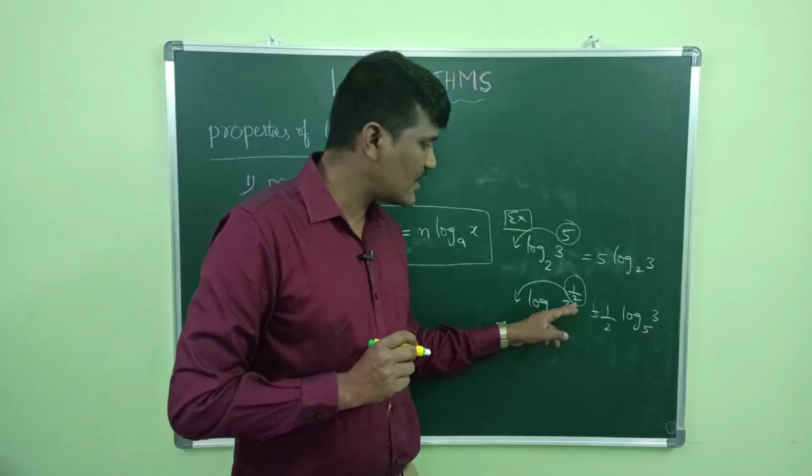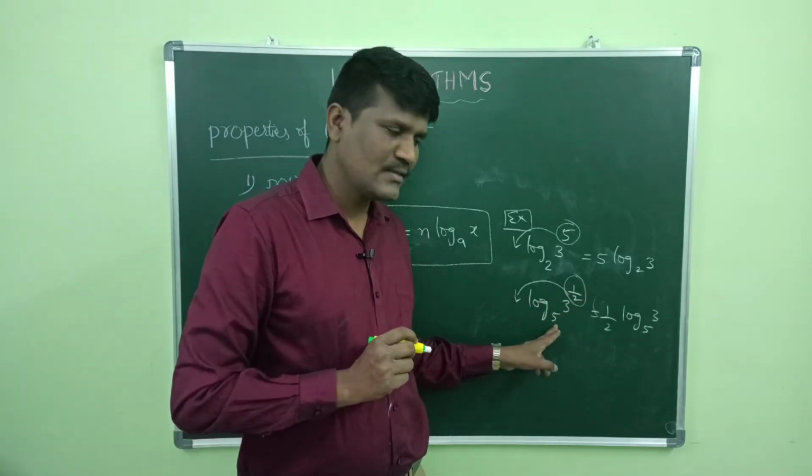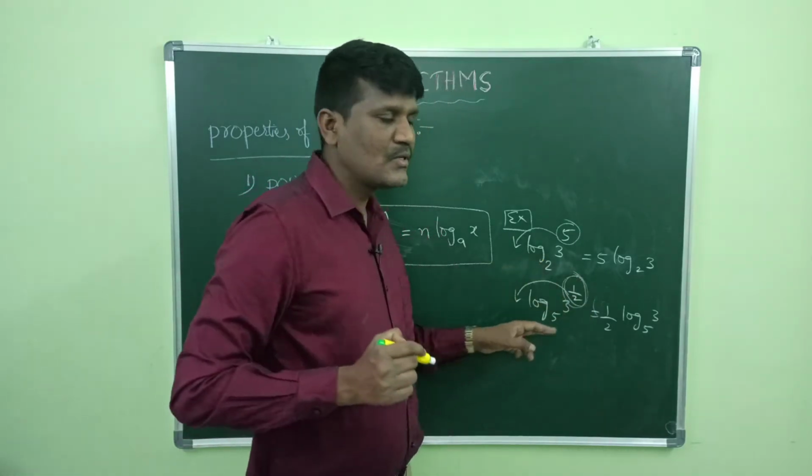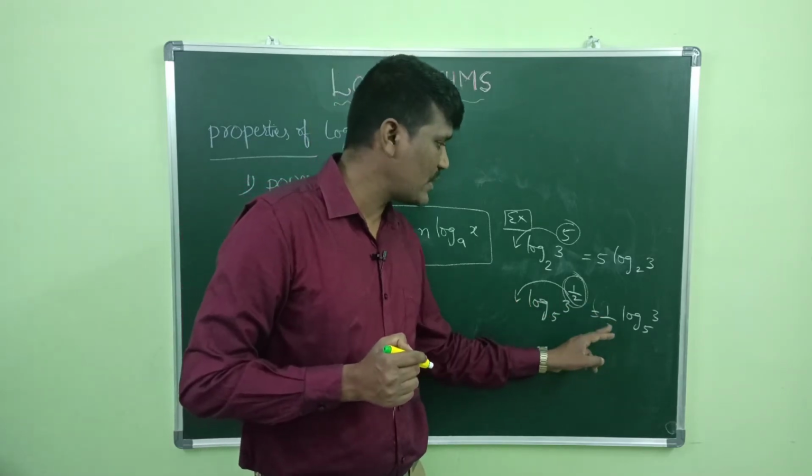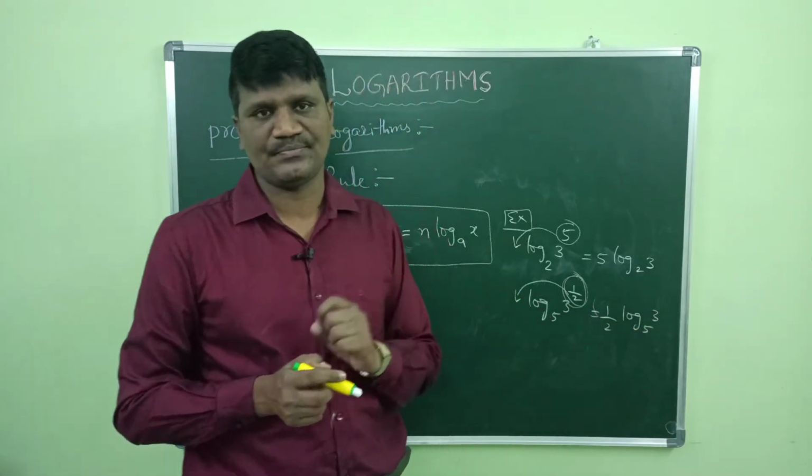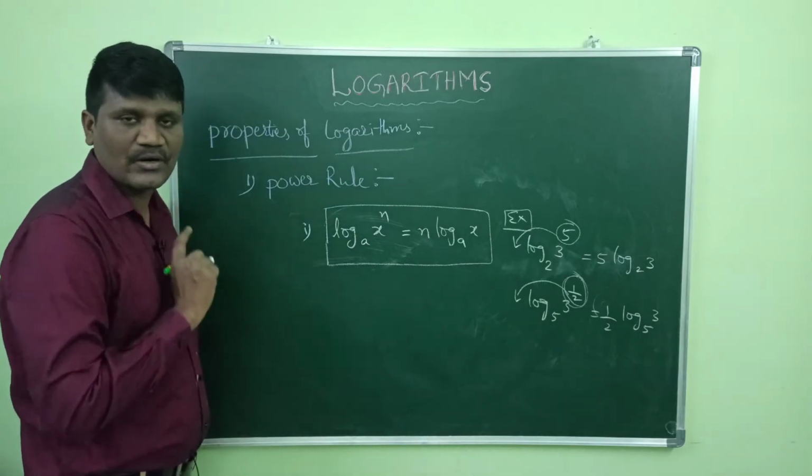In the same way, log 3 power 1 by 2 to the base 5: here the power is 1 by 2, so write it in coefficient form: 1 by 2 into log 3 to the base 5. This is the first formula of the power rule.